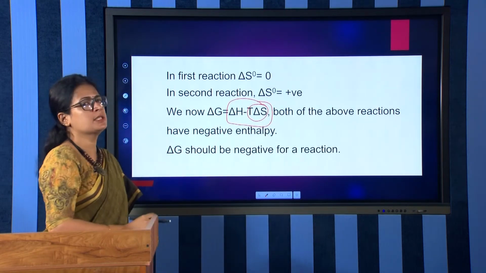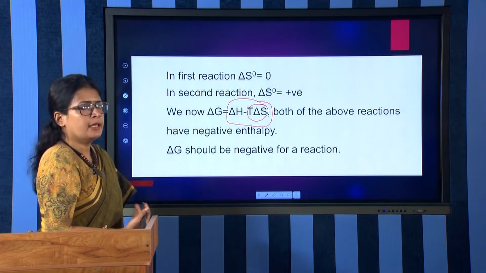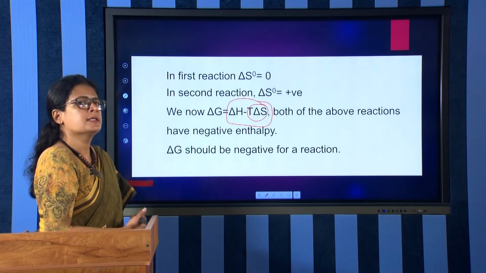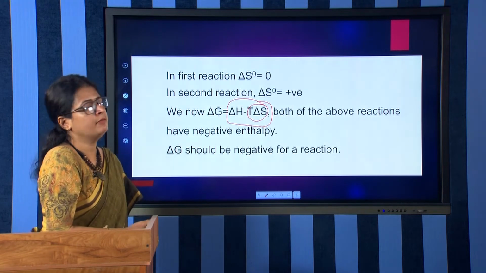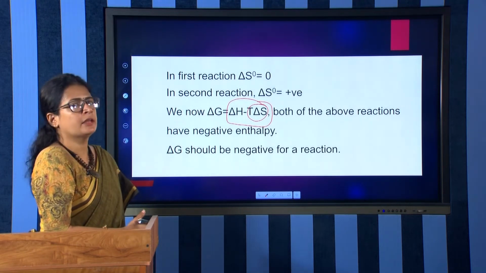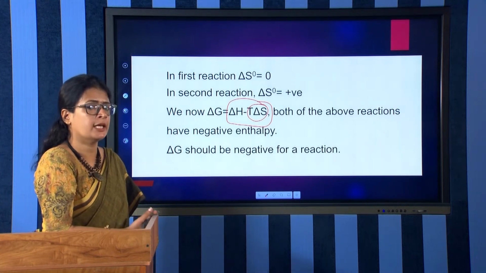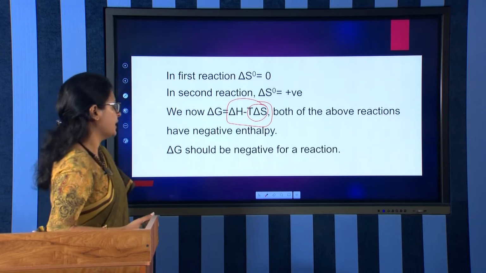Since delta S0 is positive, the second reaction will have a higher negative delta G value. That is why reactions forming chelate complexes occur spontaneously, and the complexes are exceptionally stable. That is the point.